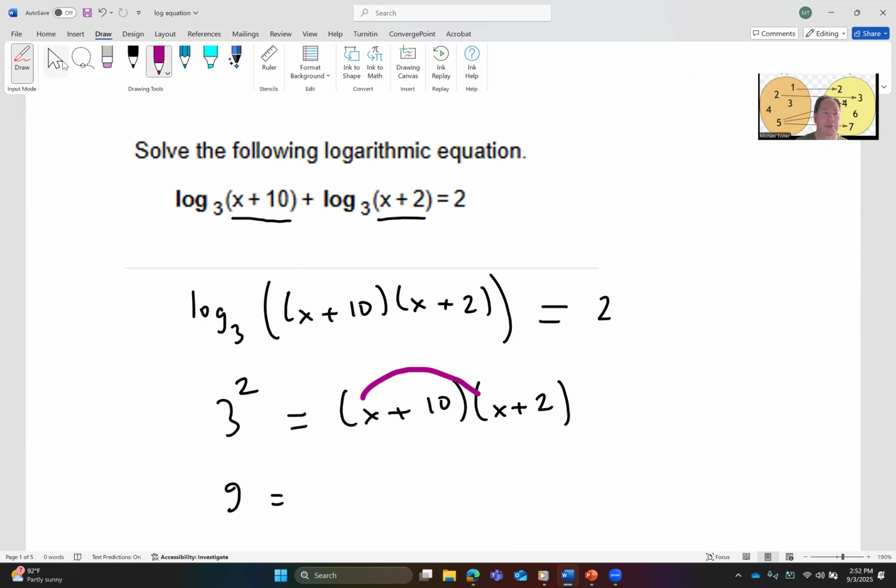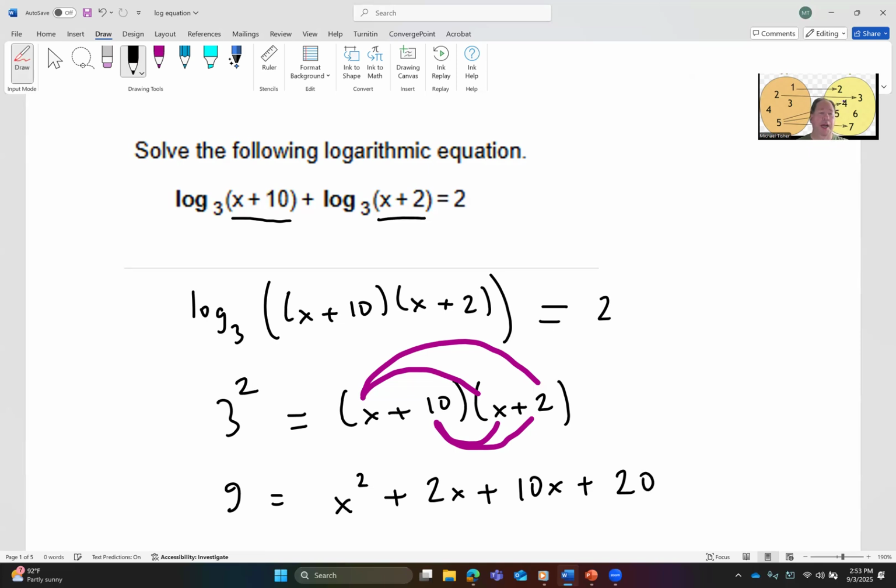So we have x times x, which is x squared, plus the first x times this 2, which gives us 2x, plus this 10 times this x, which is 10x, plus, and then finally, this 10 times this 2, which is 20. So now we have 9 equals x squared plus 2x plus 10x plus 20.